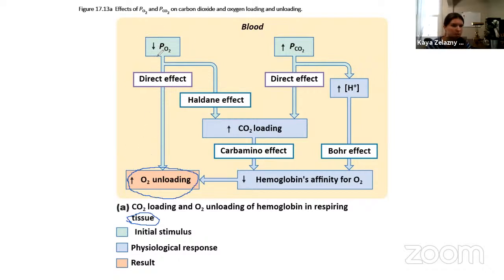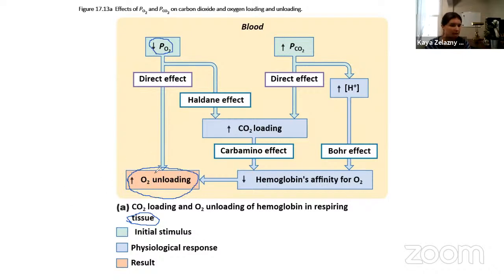This portion that says direct effect is really just talking about that unloading directly. If you take oxygen off of the hemoglobin, that is lowered partial pressure of oxygen because that's going into the tissue. So by definition, that is defining our O2 unloading. Those are just saying the same thing.